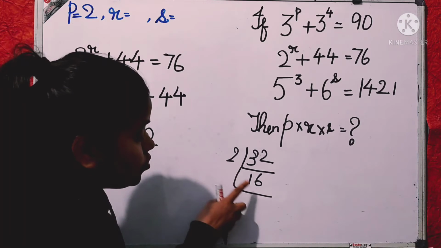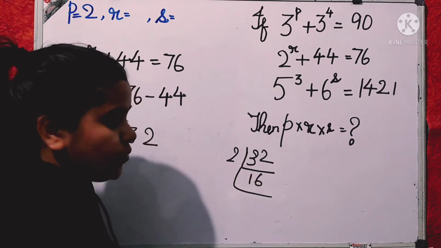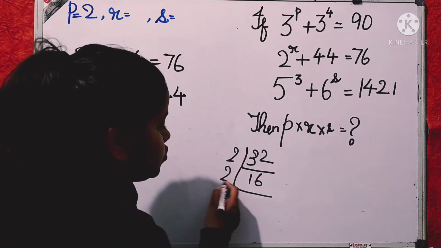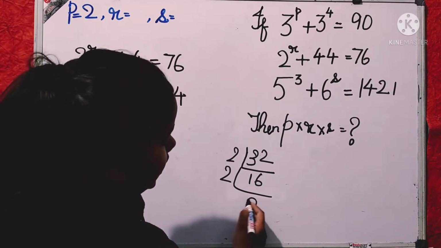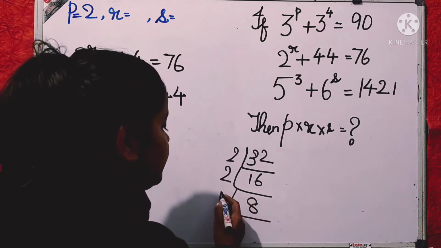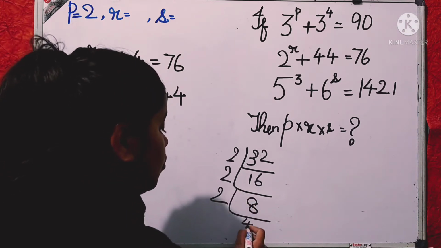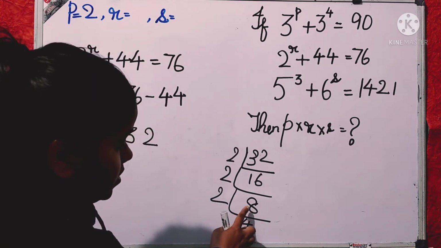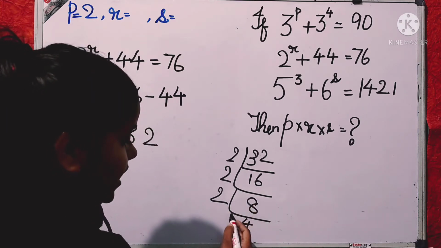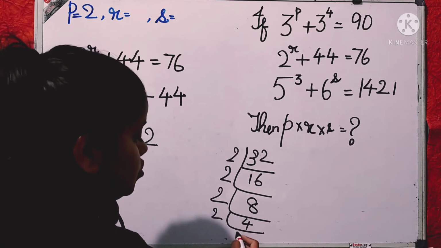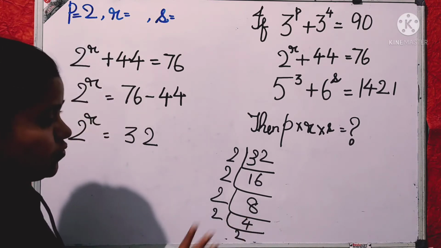Sorry. 2 times 16 is 32. Then 2 times 8 is 16. Then 2 times 4 is 8. Then 2 times 2 is 4.